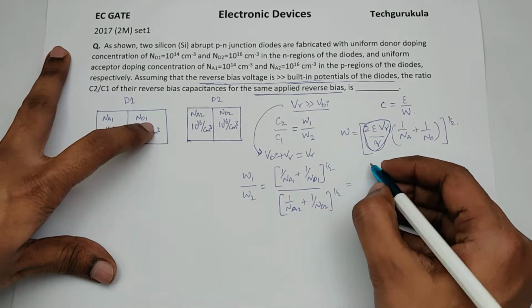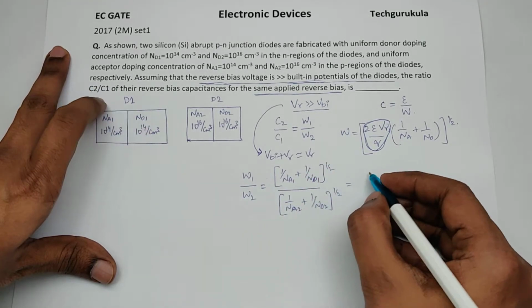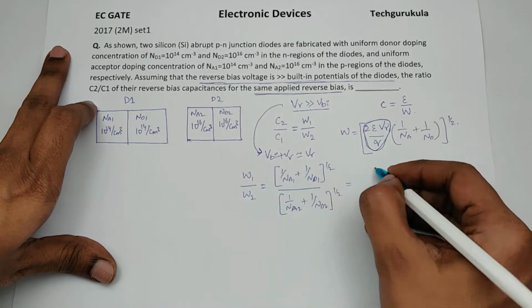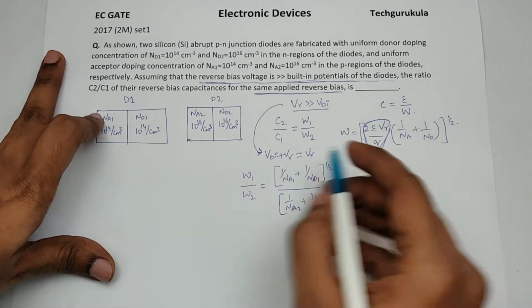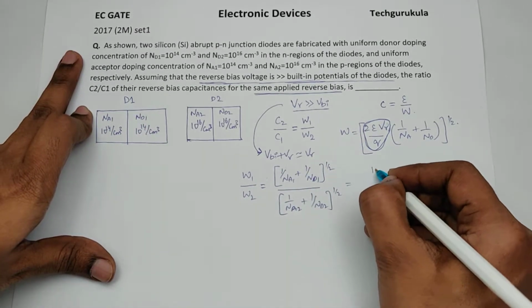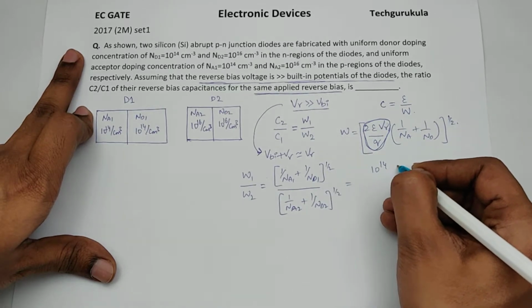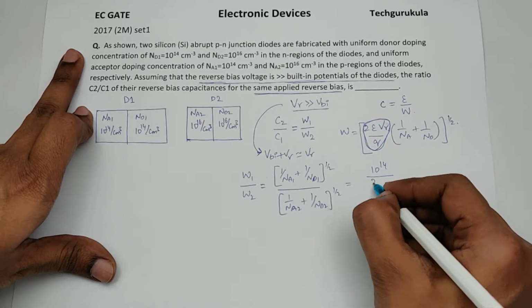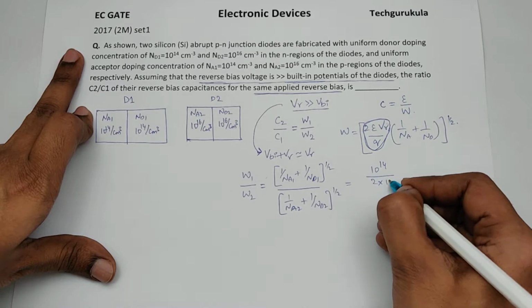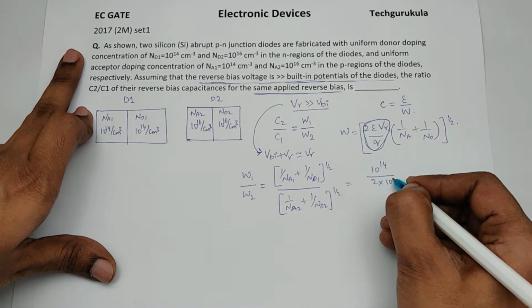This is equal to, cross multiplication, I will do Nd1 times Na1. Na1 and Nd1 are given as 10 power 14. So we will have 10 power 14 times 10 power 14 divided by 2 times 10 power 28.